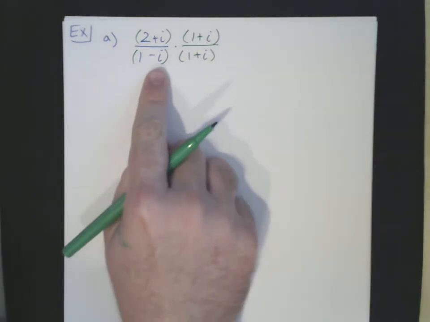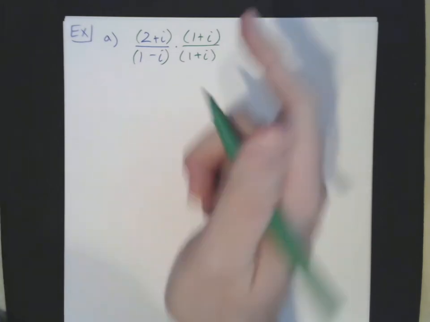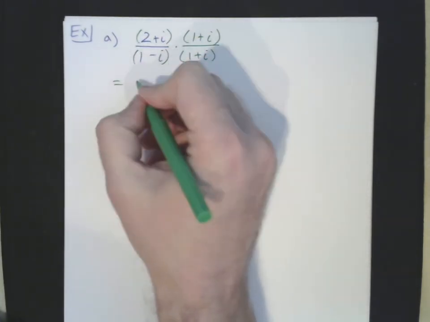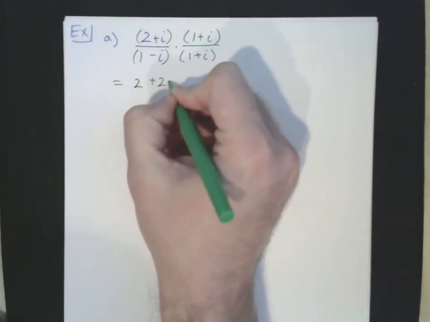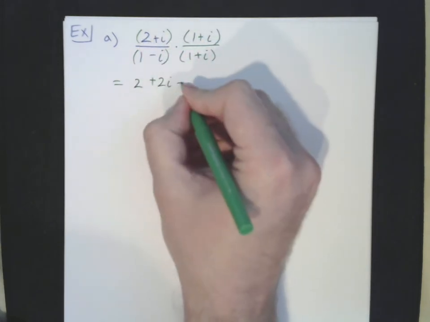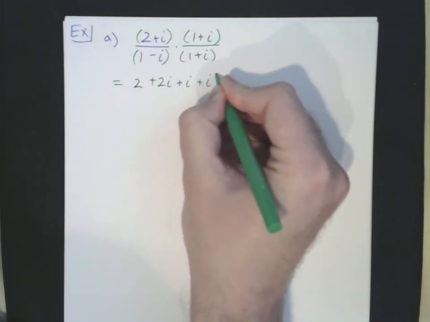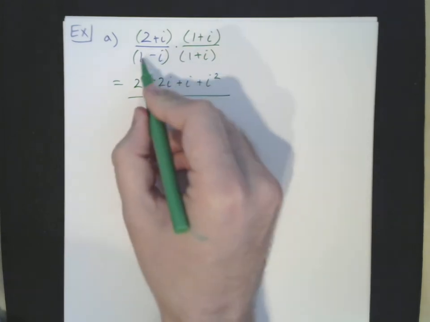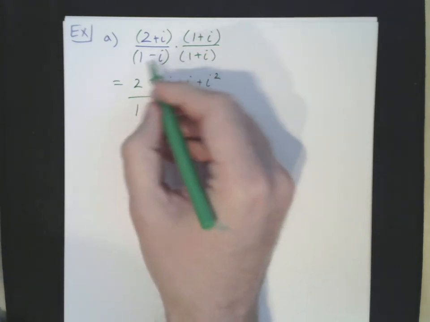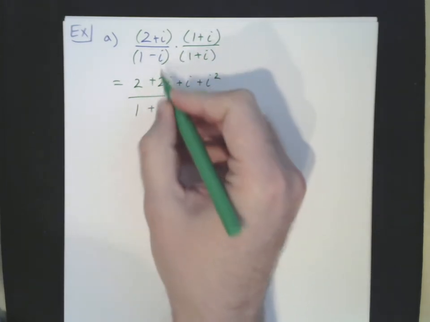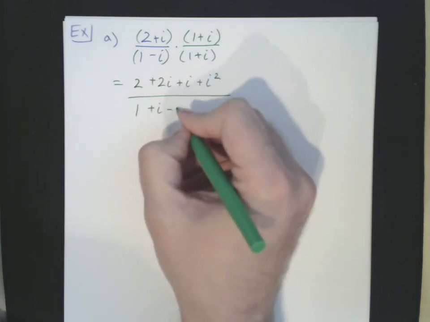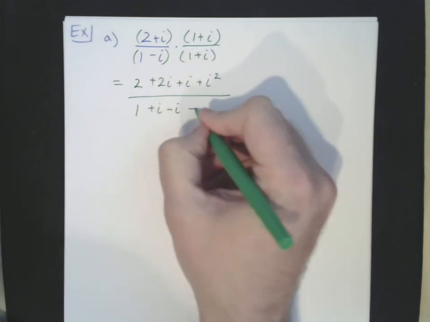So for this one, we'll multiply it out. On the top we have 2 plus 2i, distributing, plus i squared. And on the bottom we have 1 plus i minus i squared.